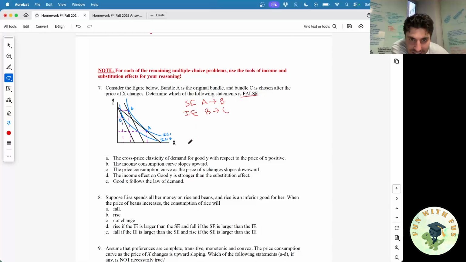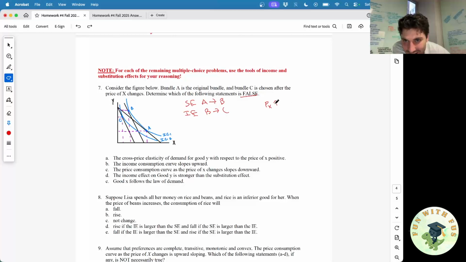So the cross price elasticity of demand for good Y with respect to the price of X. What I would say is, as the price of X, let's say it decreases. No, it increased in this problem.